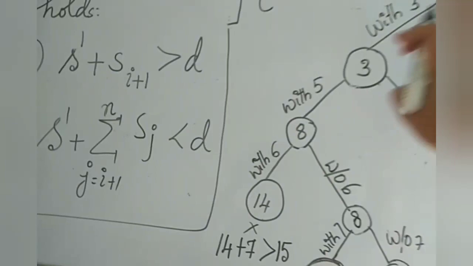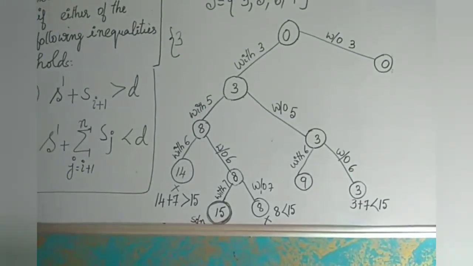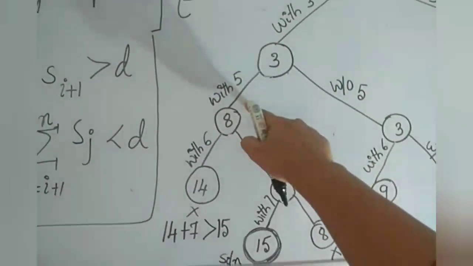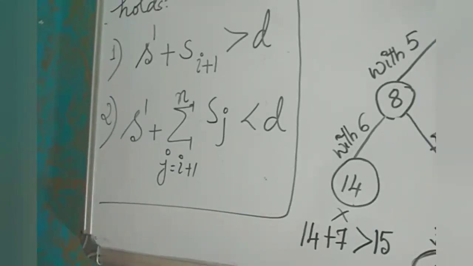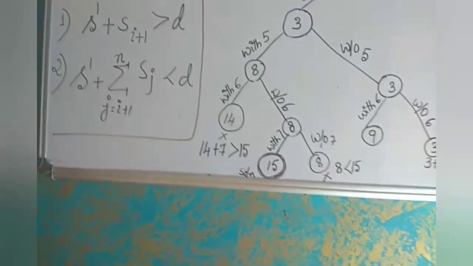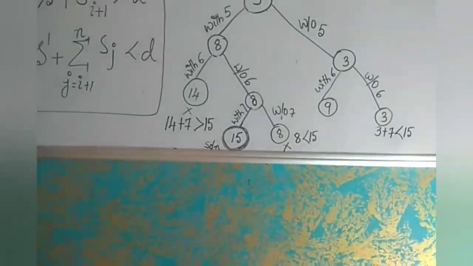So what is the subset we got here? The subset is, you count it from here. See, here we have included 3, right? We have included the element 3. Then we have included the element 5, and with the 5 you have come this side. So 5 also we have included. Then here it is without 6, so that means we have not considered 6.